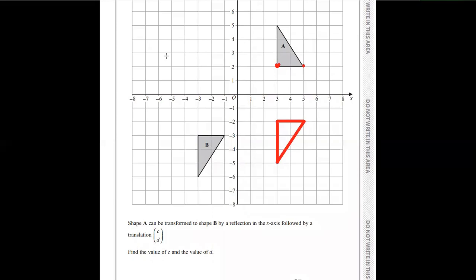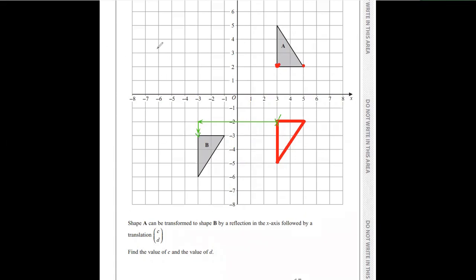And now I can see the shape has been translated after this. So if the shape is translated, I can see how many units. Let's say I think of this point and this point. I can see that this point has moved 1, 2, 3, 4, 5, 6 to the left, and also 1 down. 6 left, 1 down.